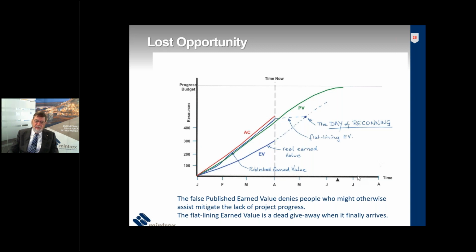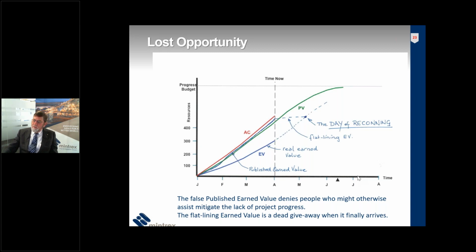Don't worry about that. Just get on with doing the project. The real value of this system is that if you're having problems, it's really obvious, and providing you're reporting honestly, everybody can see it, and you can get many eyes on the problem early, and that means that there's a better chance of fixing the problems.